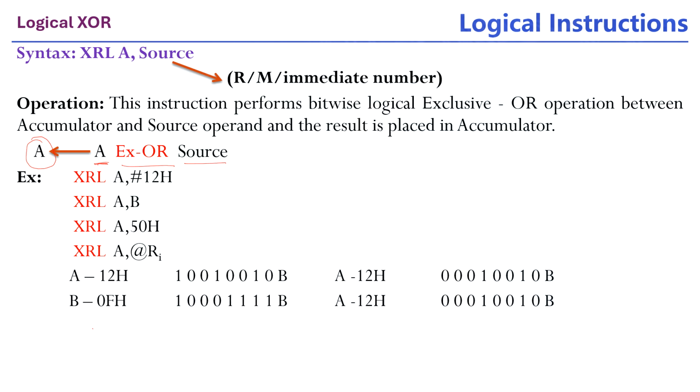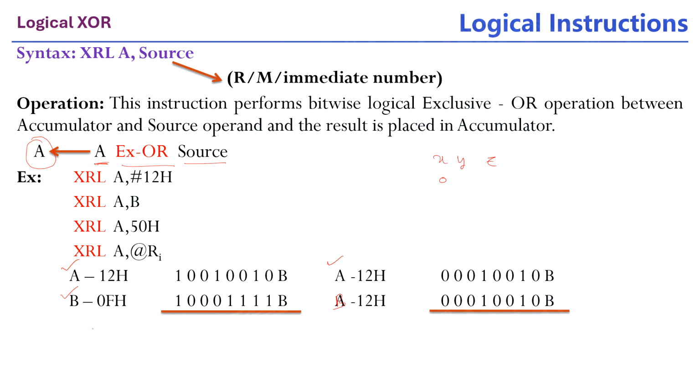These are written in different addressing modes, and here I'm considering two examples. In the first example, A is equal to 12, B is equal to 0F. In the second example, A is equal to 12, B is equal to 12. To perform the XOR operation, first we need to know the truth table. X, Y are the inputs, Z is the output.